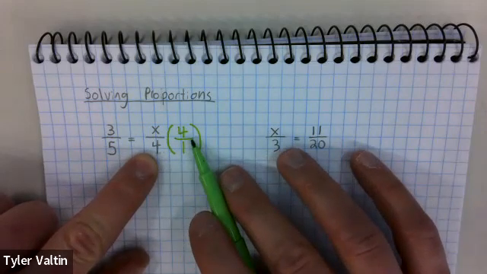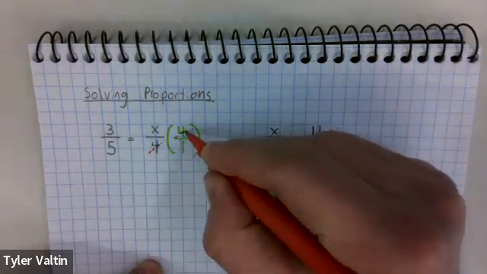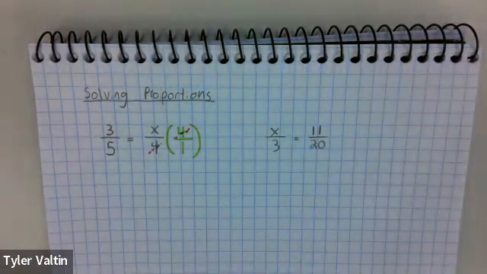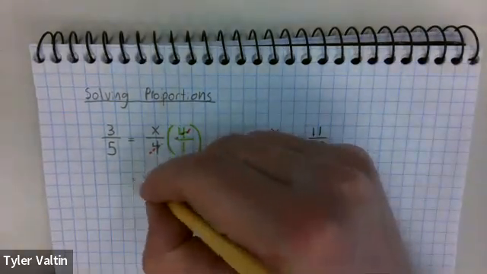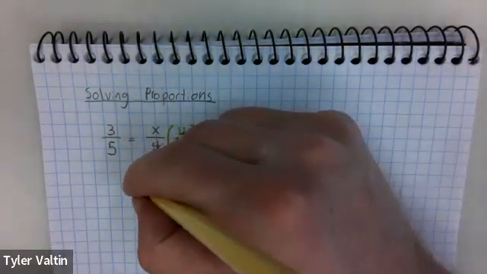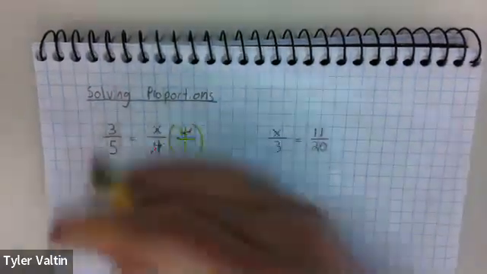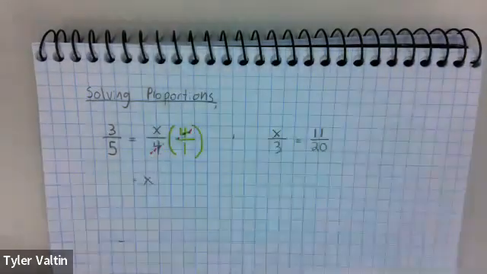So by multiplying by 4, my 4s are actually going to cancel each other out using cross reducing. And I'm left with just x all by itself on the right side of that equation slash proportion.